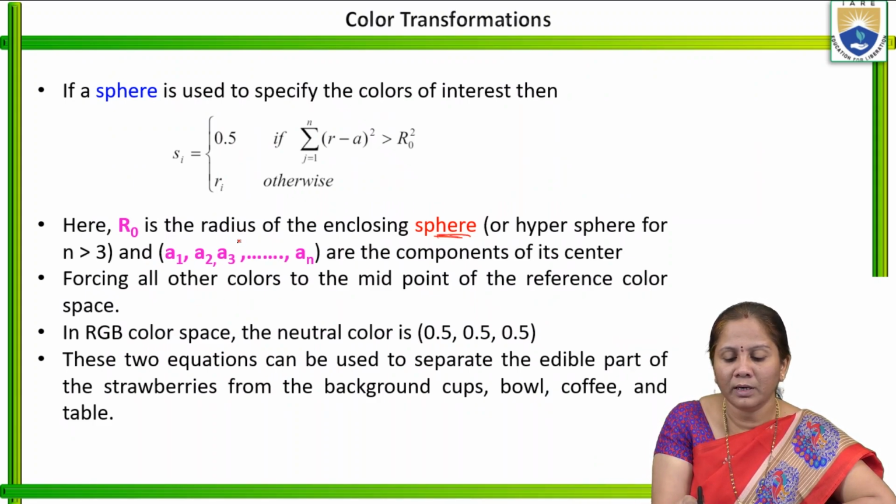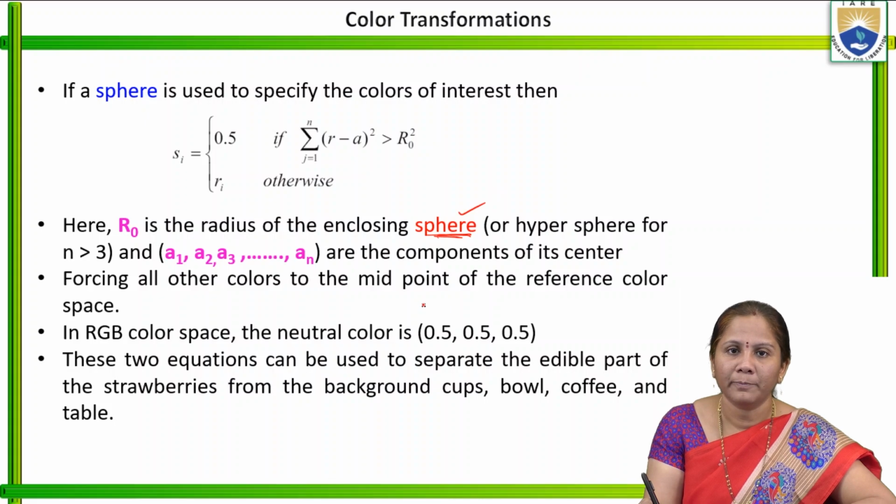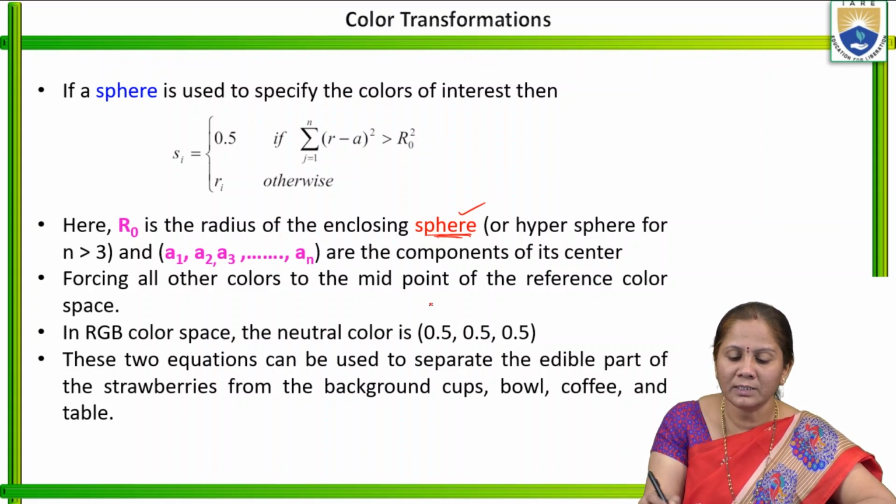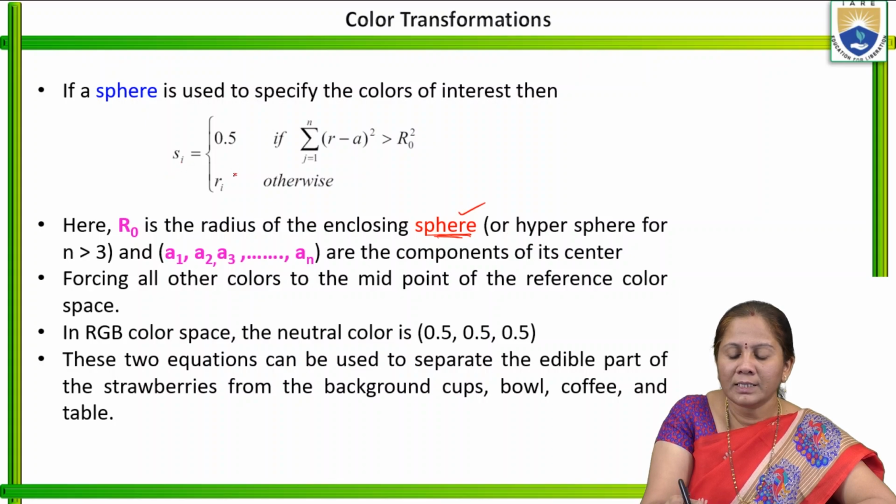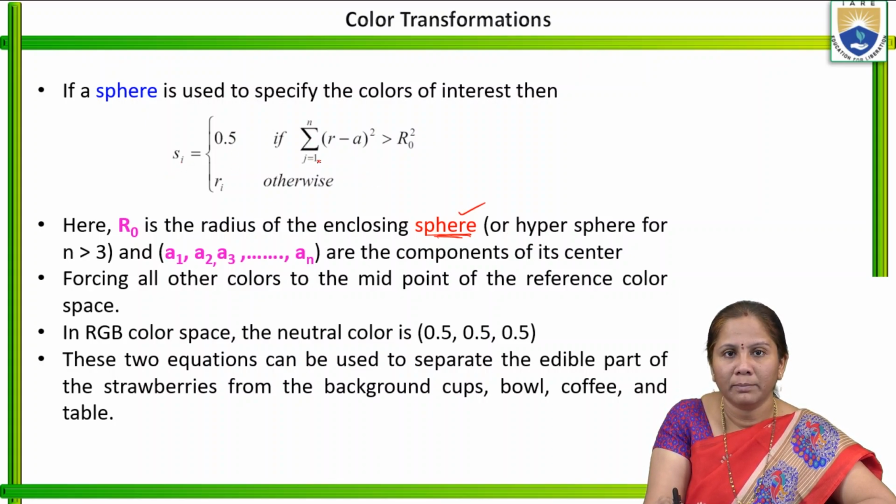That means the shape of the region of interest may be a sphere. In that case, the transformation we need to apply is Si equals 0.5 if the sum over j equals 1 to n of (rj minus aj) squared is greater than R0 squared, and Ri otherwise.